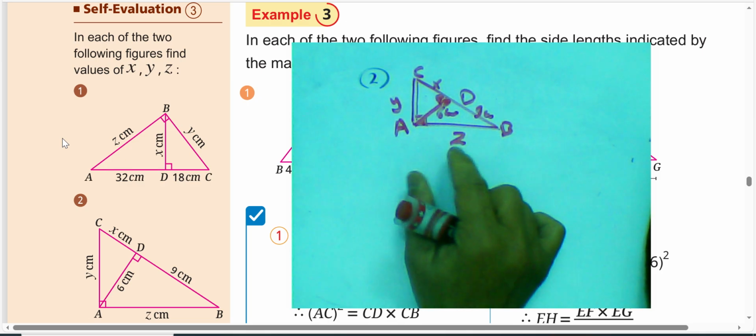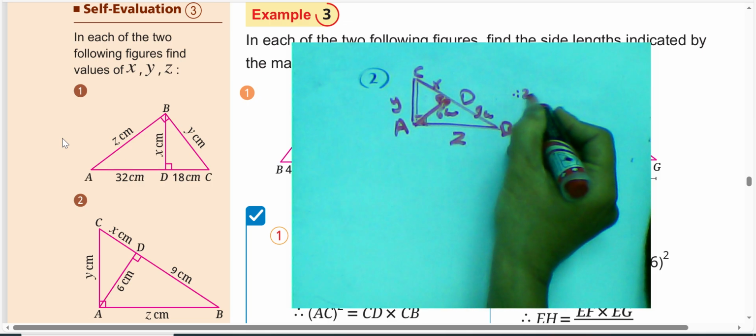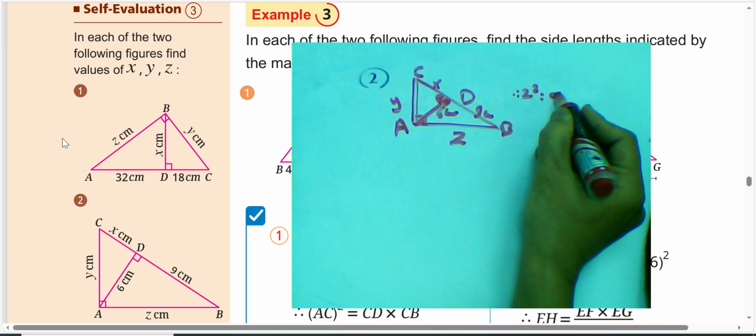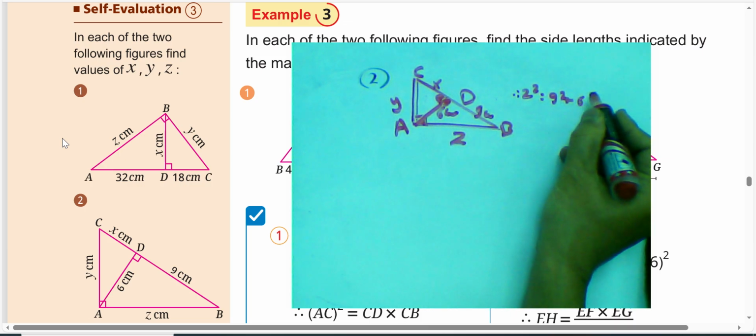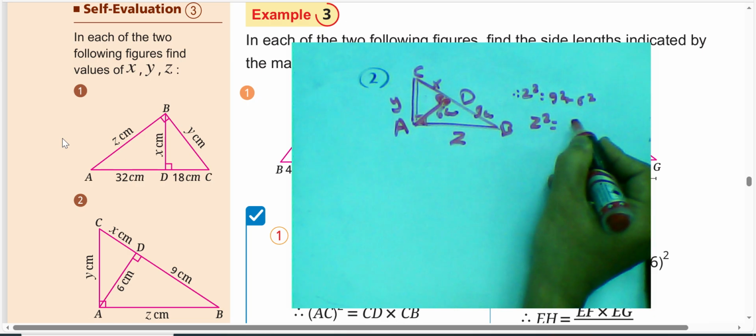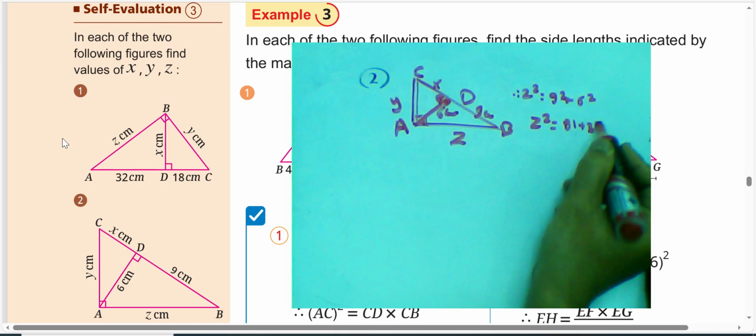Understood? First step, you can find Z such that Z power 2 equal 9 power 2 plus 6 power 2. Z power 2 equal 81 plus 36.